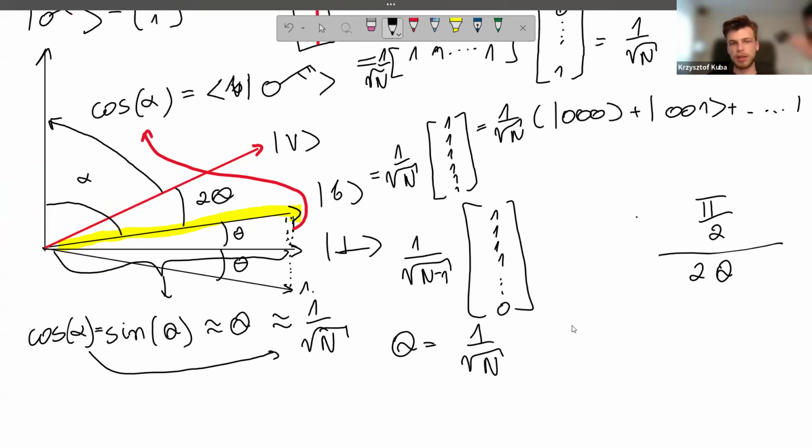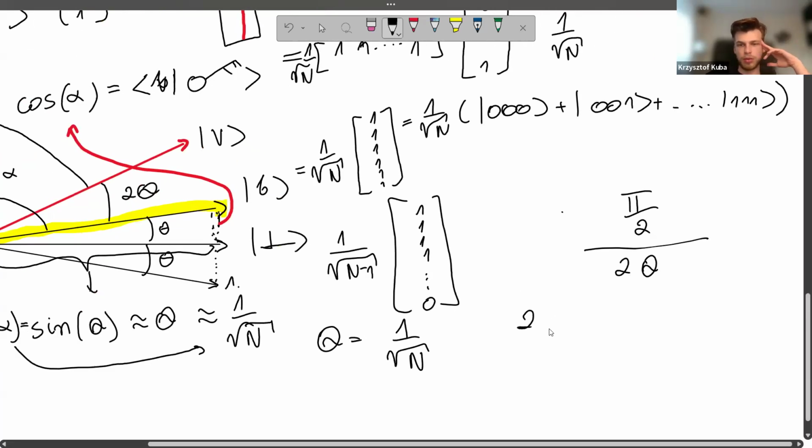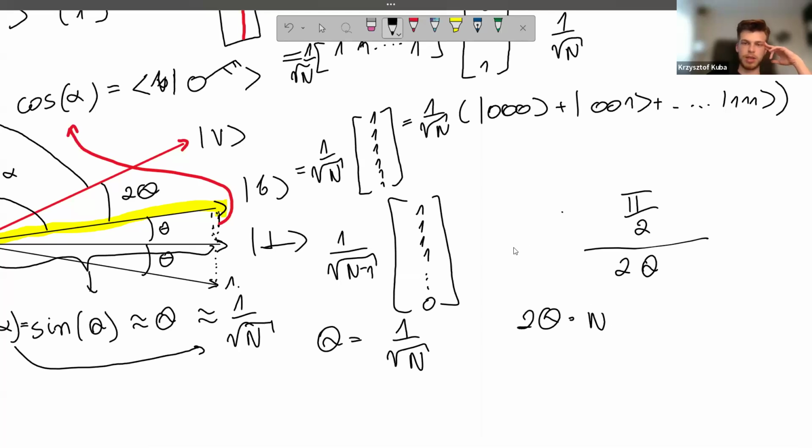So we need 2 theta times, let's say, number of iterations. So 2 theta times number of iterations should approximately give us pi over 2, right?